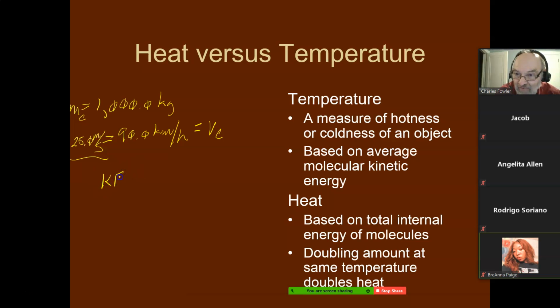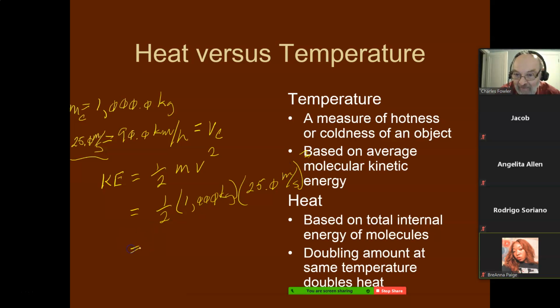The kinetic energy that's lost is 1/2 mv squared, which would be 1/2 times 1,000 kilograms times 25.0 meters per second, squared.